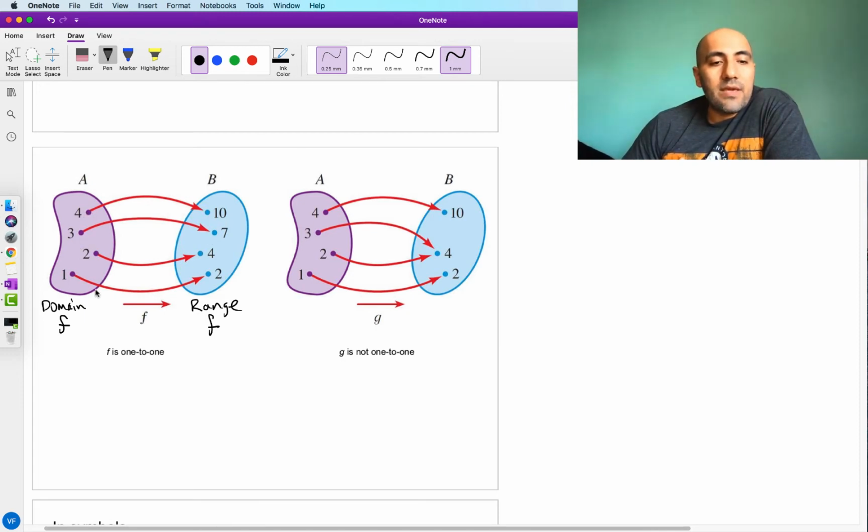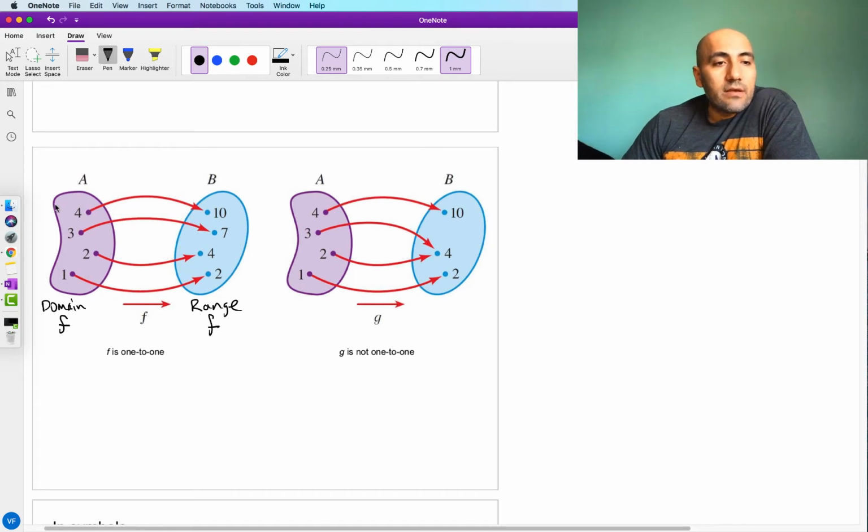It might be a rule that can be described by an equation. It might be a rule that can only be described by arrows connecting them. There might not be a mathematical equation that describes the input and how it connects to the output, right? I mean, these might not even be numbers.